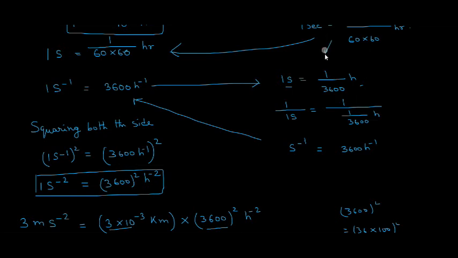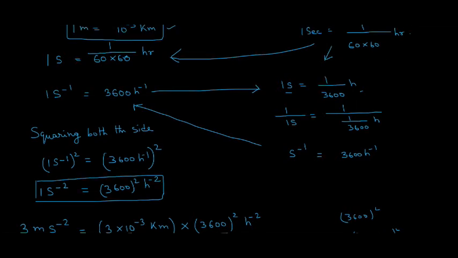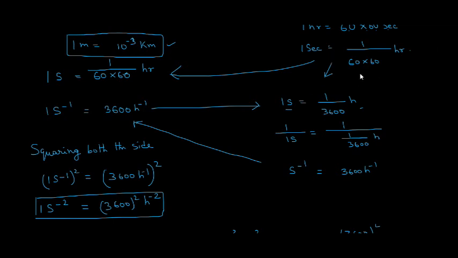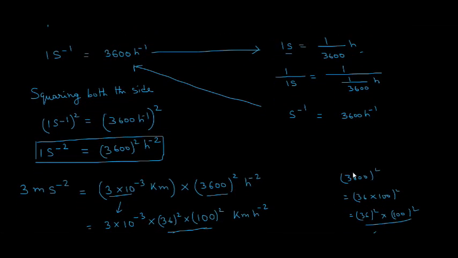From here, if we divide both sides by 1, so 1 upon 1 second is equal to 1 upon 3600 h. We will get second inverse is equal to 3600 h inverse. So 1 second inverse is equal to 3600 h inverse.